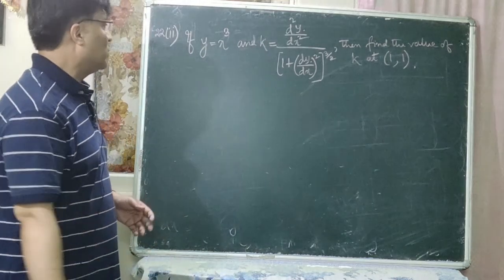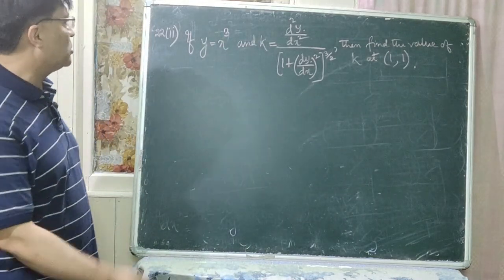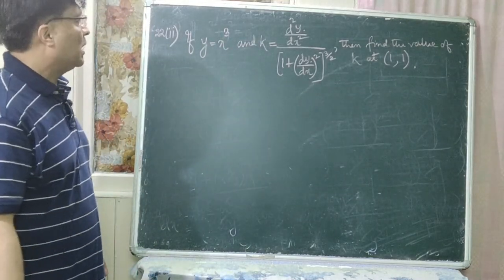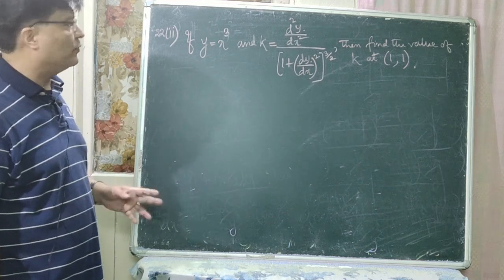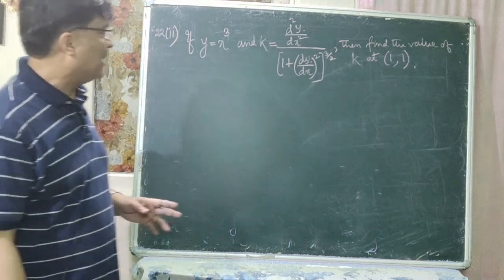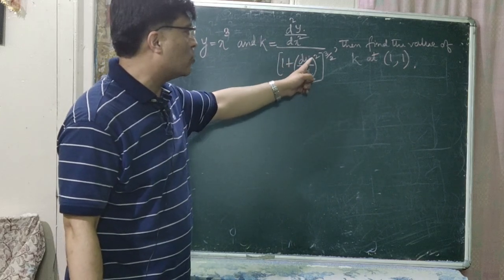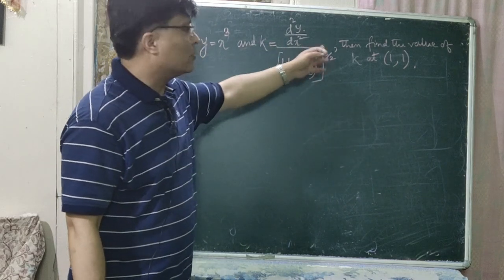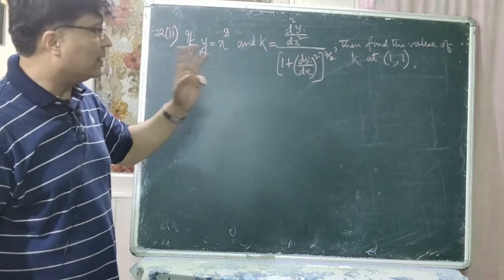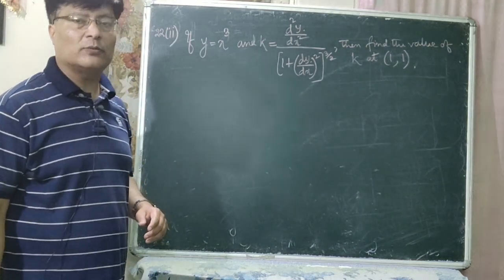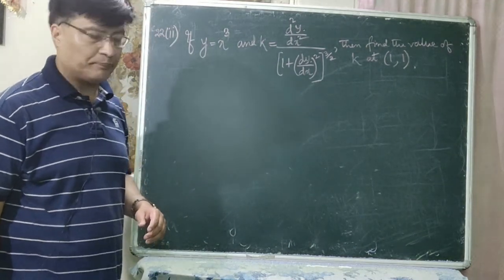So now we'll do the next question, that is 22, number 2. If y is equal to x cube and k is equal to d2y by dx square divided by 1 plus dy by dx whole square whole to the power 3 by 2, then find the value of k at within bracket 1 comma 1.